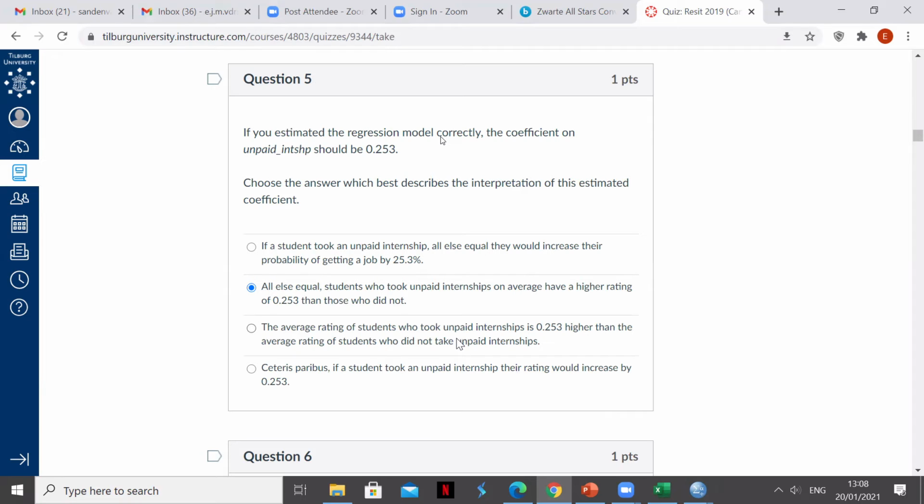It could be that, for example, the age has changed as well, and that due to that, it's in total 0.253 higher. But that's not what we're looking for. That's not the meaning of a coefficient. The meaning of a coefficient is keeping all else constant. So the only one that can be correct is this one. If I'm going too fast or you have any questions, please interrupt.